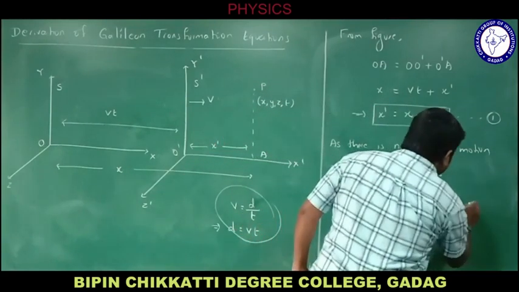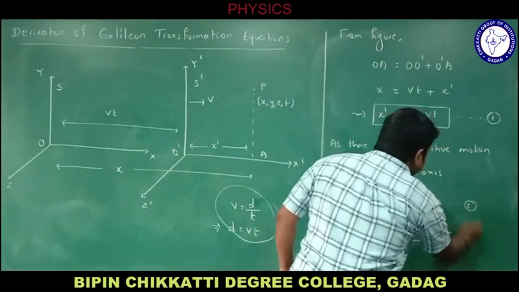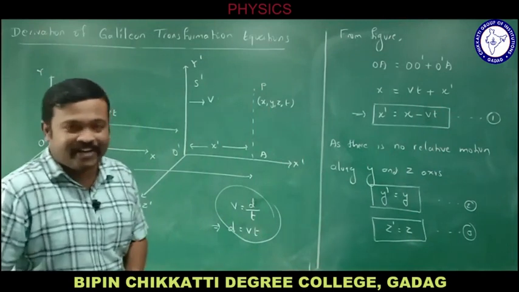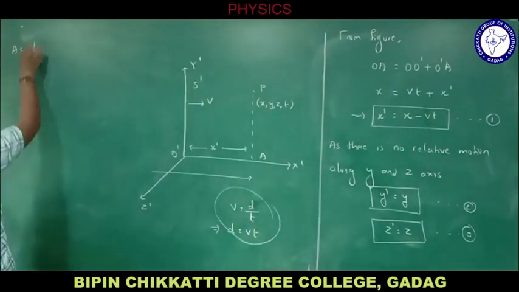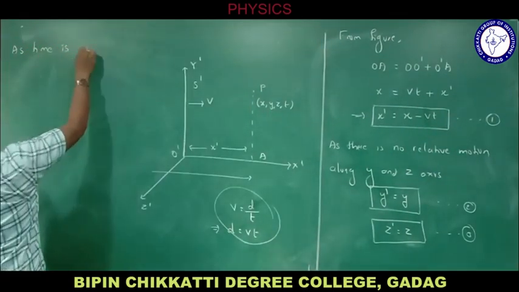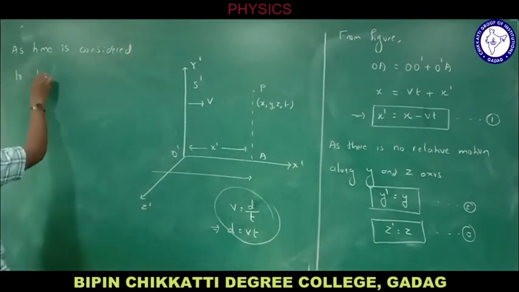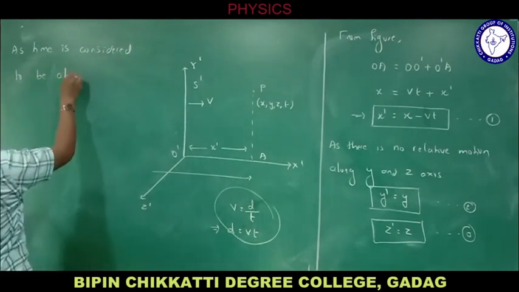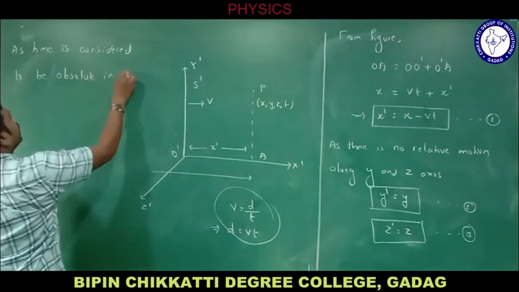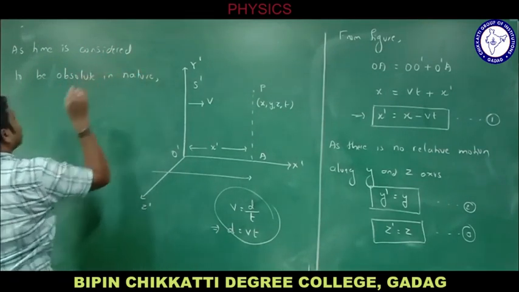Let me consider this as equation number 2 and this as equation number 3. Now, as time is considered to be absolute in nature, what is the meaning of absolute?